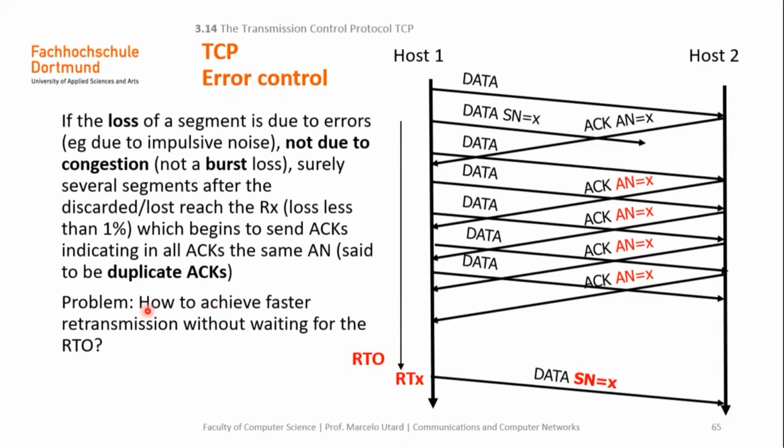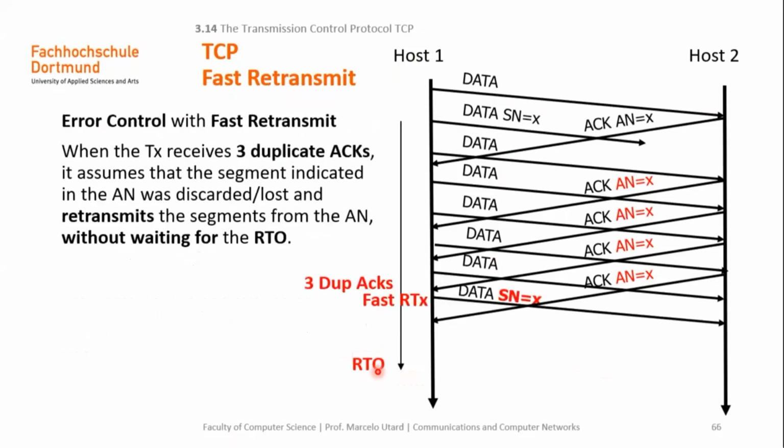Then, problem: how to achieve faster retransmission without waiting for the retransmission timeout. This is the problem. This is the challenge. We need to implement some solution to this problem. Then the solution is error control with fast retransmit.